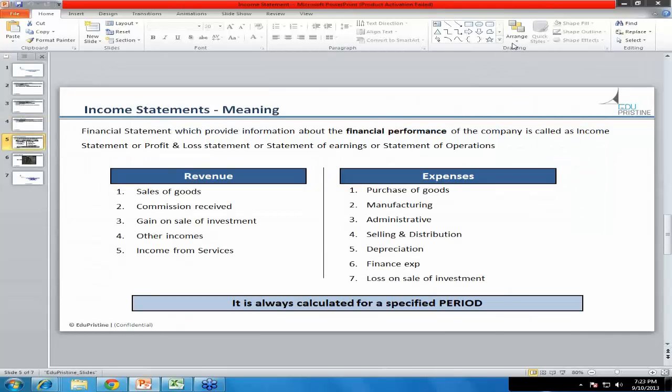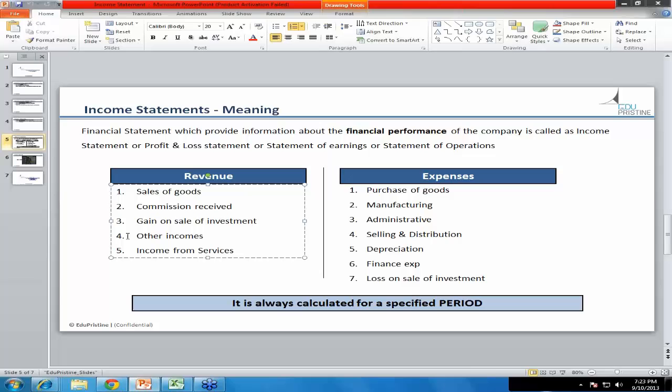Here we have broken down exactly which types of revenues companies can have. The example that I used with a pizza shop may or may not have all these different types of revenues, but some companies can have the direct sale of goods, the commission received, the gain on sale of investments. If a company is in the business of actually selling property, they'll show you a gain as a revenue.